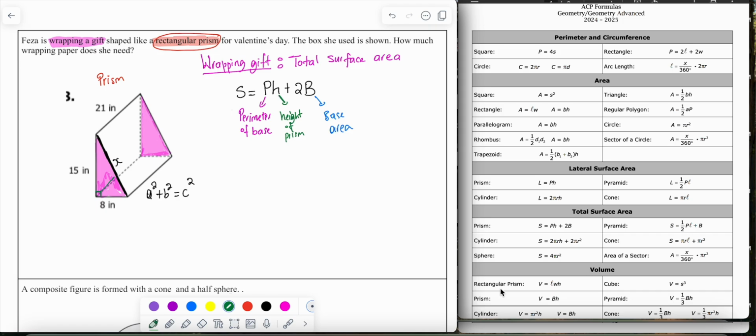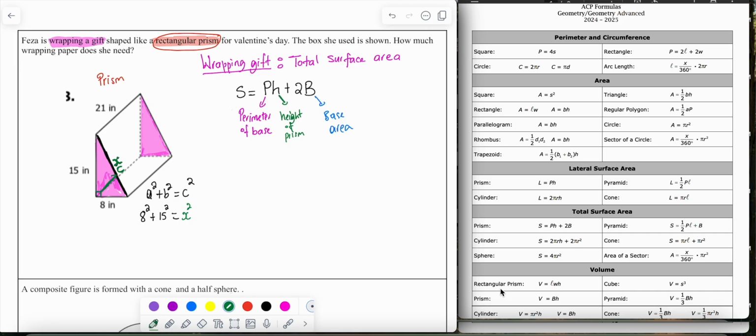Your c is always your hypotenuse, the side that is opposite to your 90 degree angle. So I'm going to have 8 squared plus 15 squared, and my c is going to be x squared.